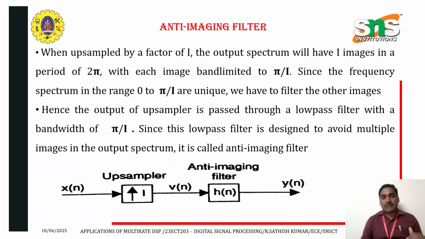The output of the upsampler is passed through a low pass filter with a bandwidth of pi by I. Since this low pass filter is designed to avoid multiple images in the output spectrum, it is called the anti-imaging filter. When x of n is applied to the upsampler, it produces v of n. The anti-imaging filter h of n then produces the output y of n.